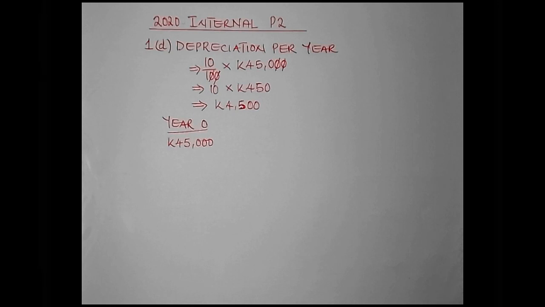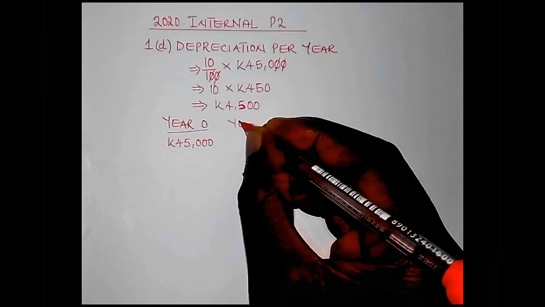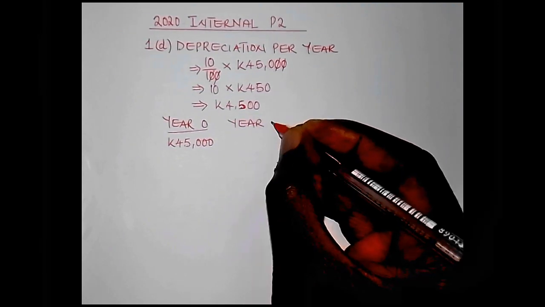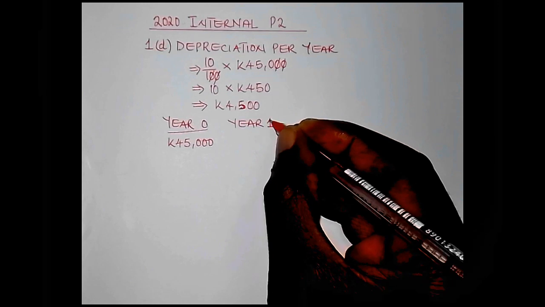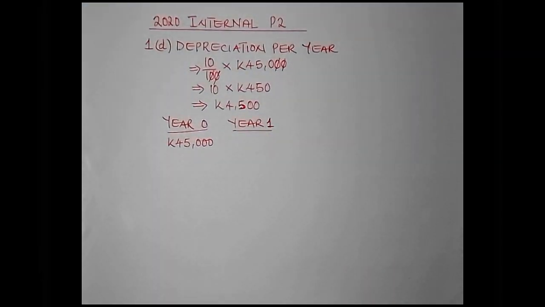Now, what is the value of the vehicle after 1 year? So now we're going to say year 1. The vehicle is going to lose 4,500 after 1 year.